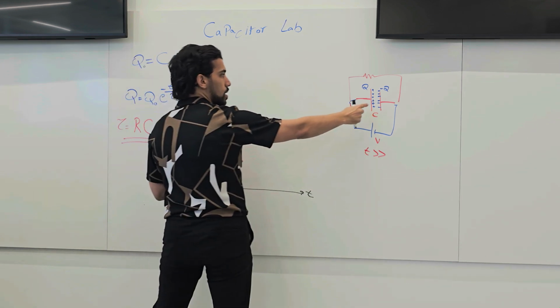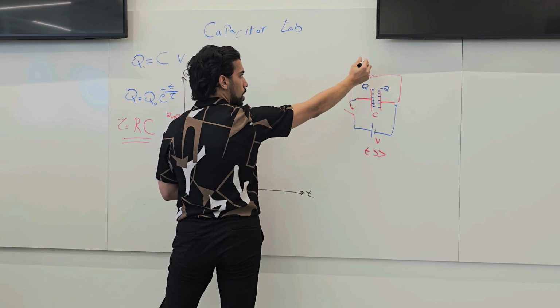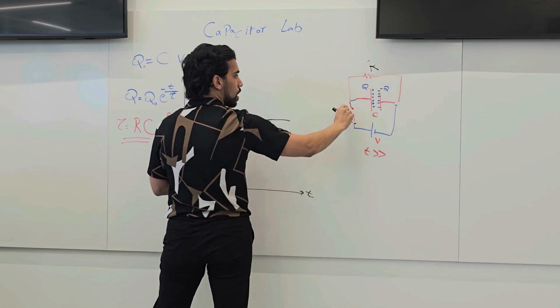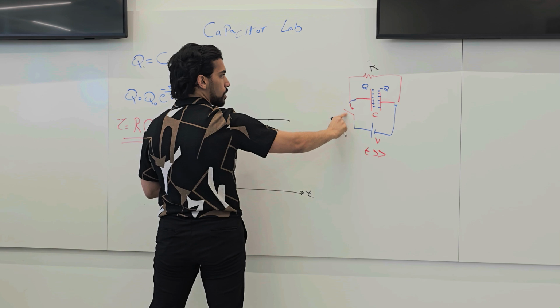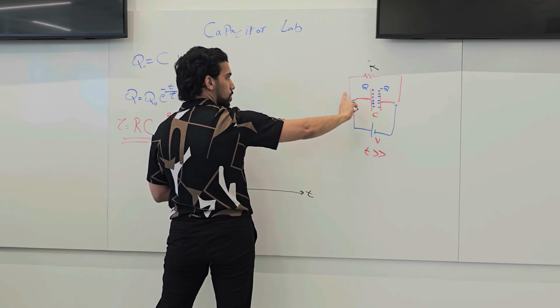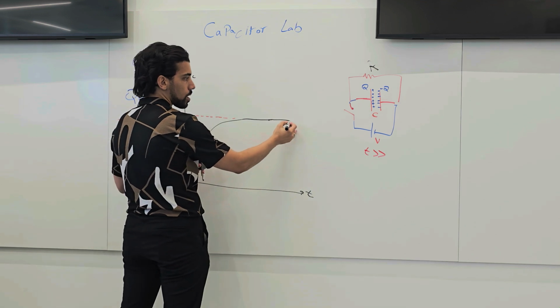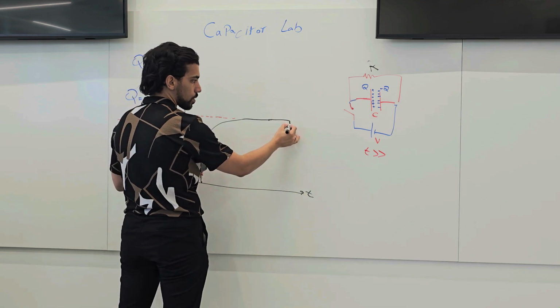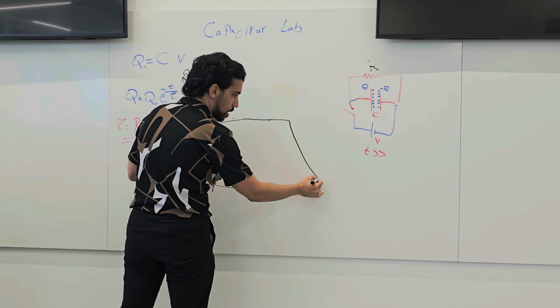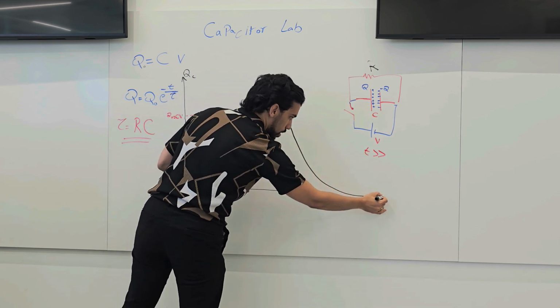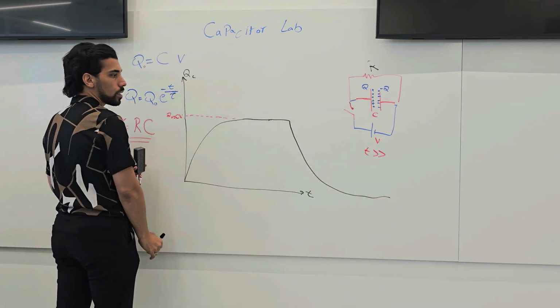If we connect this capacitor to this resistance R and we open this switch, this capacitor is going to discharge all the charges inside the R. So basically, it's going to go down until it reaches 0.